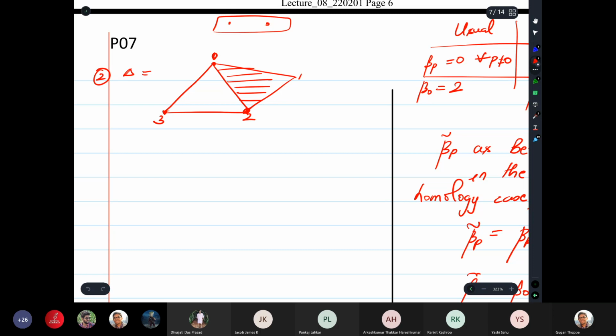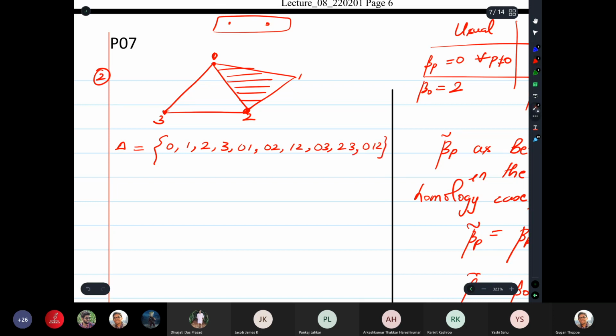So I will define this abstract simplicial complex, delta over here. It includes these 4 vertices 0, 1, 2, 3, and it includes 5 edges: 0 1, 0 2, 1 2, 0 3, and 2 3. In addition, it includes this triangle 0, 1, 2.